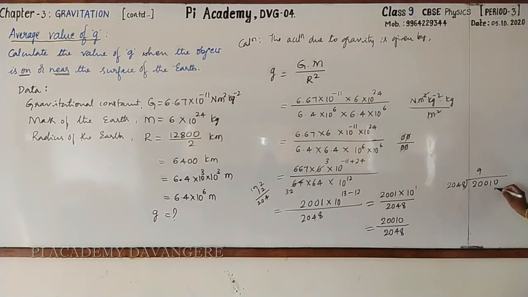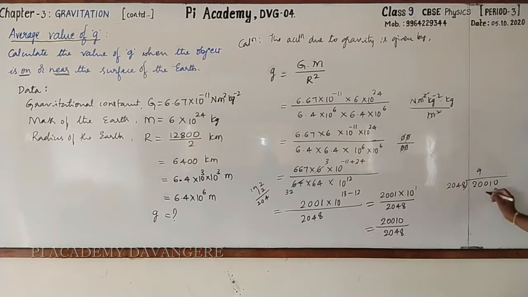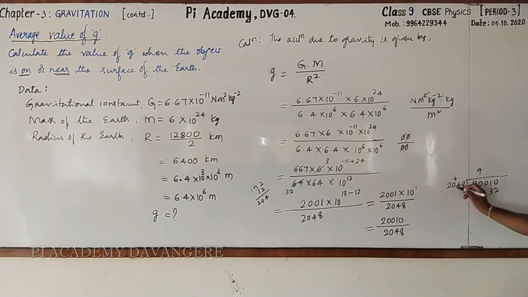8 9s are 72, 7 is the carry. 9 4s are 36 plus 7, 43. 4 is the carry. 9 zeros are 0, 4. 9 2s are 18. Next, subtract. So 10 minus 2, it is 8. Here 0 will remain.